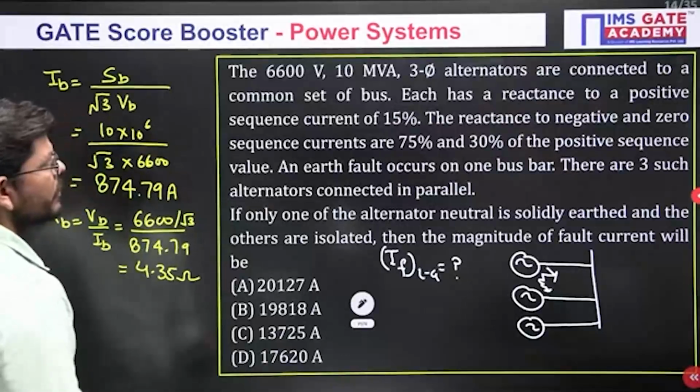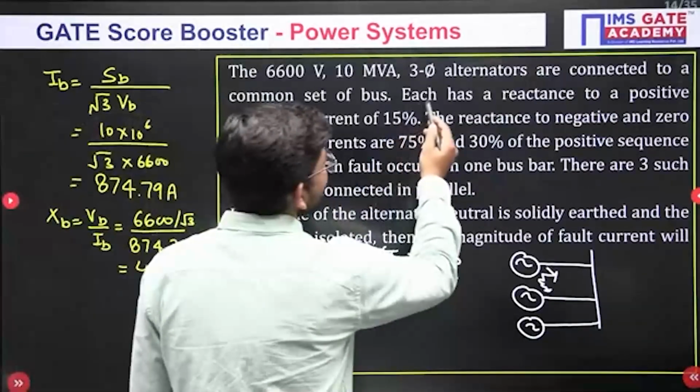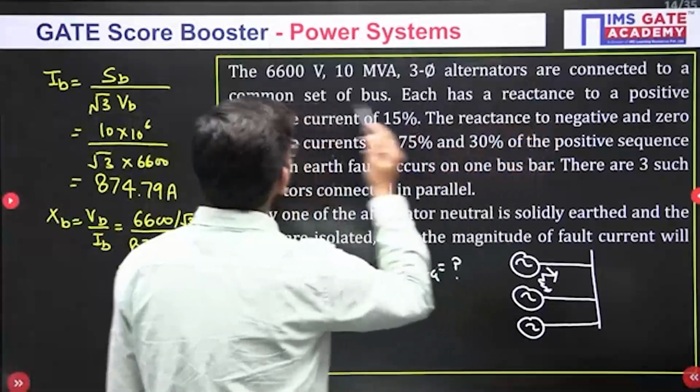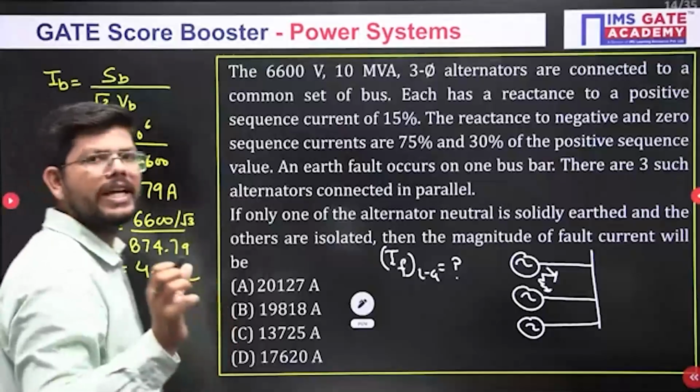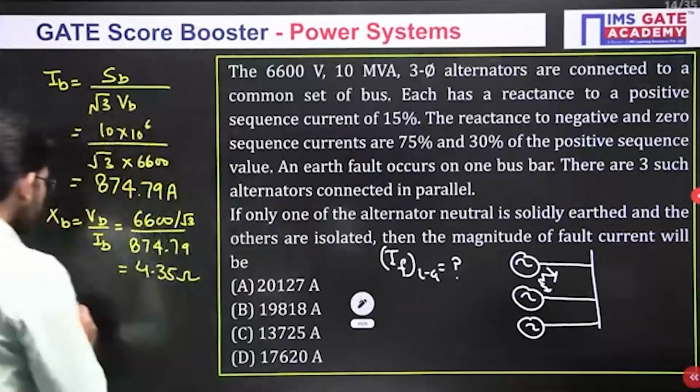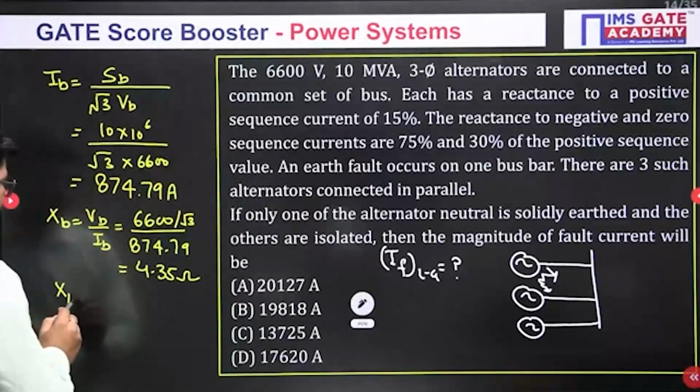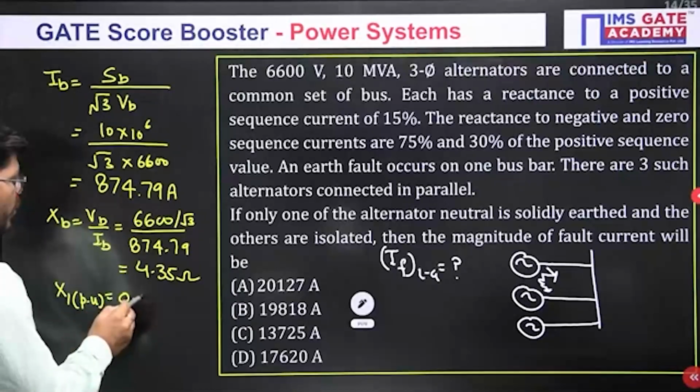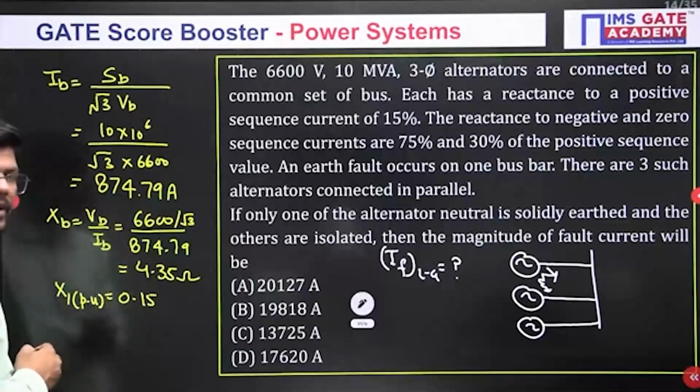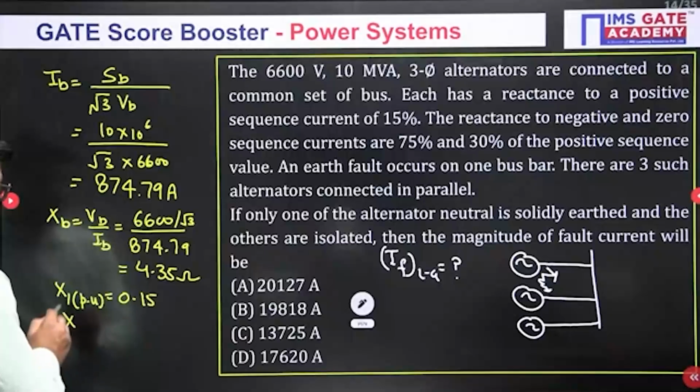Now read the question. It has been given that each has a reactance to positive sequence current of 15%. Okay, so positive sequence reactance in per unit is how much? 15% or 0.15 per unit. If you have to calculate X1 per unit, you must have calculated X1 actual in ohms divided by X base.